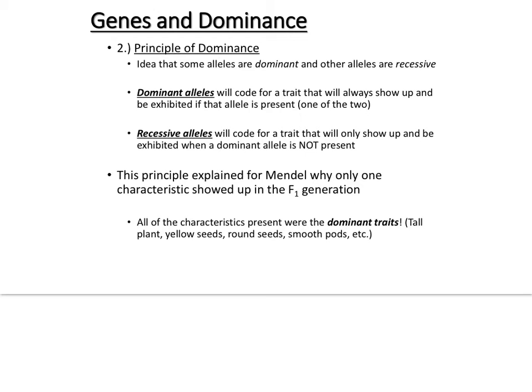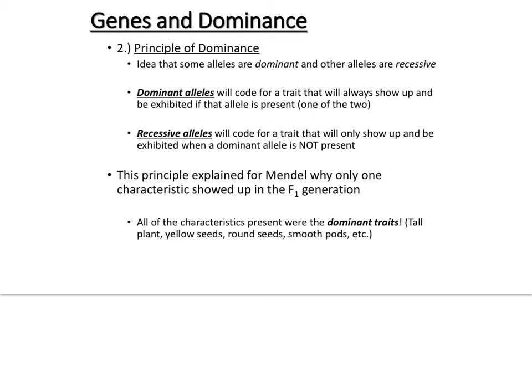The second conclusion that Mendel made is what he referred to as the principle of dominance, the idea that some alleles will be dominant and other alleles will be recessive. This is one of the things that I hope you've heard of before in science classes. A dominant allele will code for a trait that will always show up and be exhibited if you have one of those alleles.